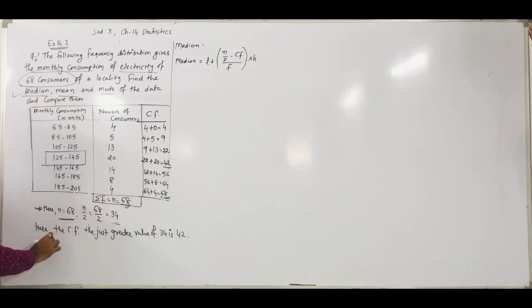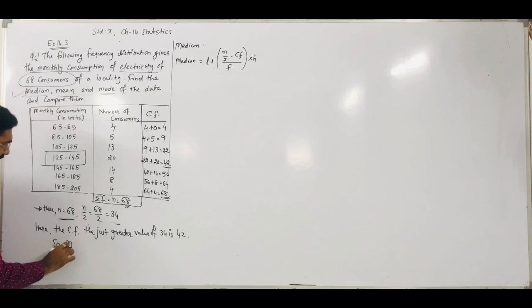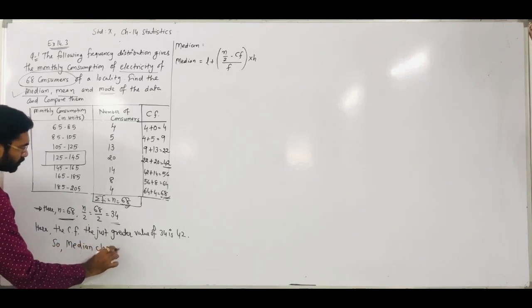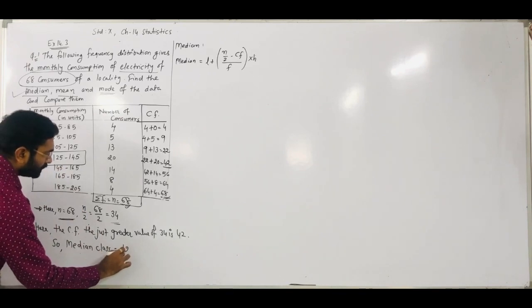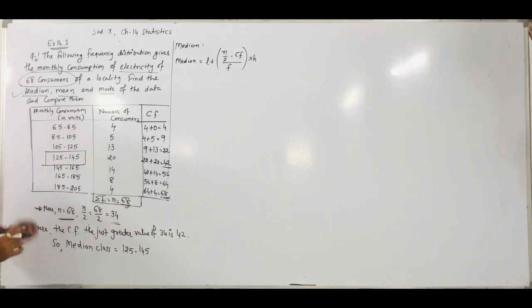So its corresponding class, 42's corresponding class, is called the median class. So what is the median class? 125 to 145. This is our median class.